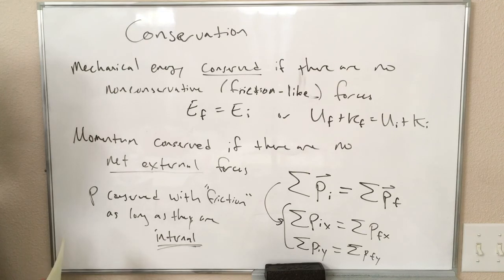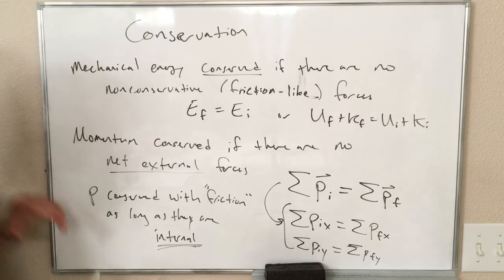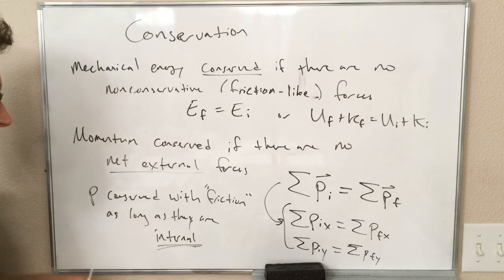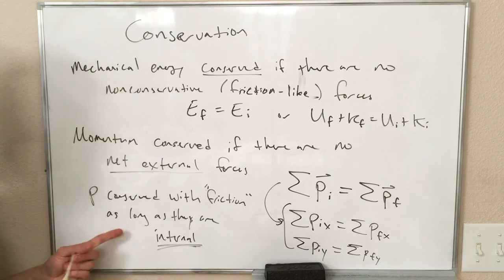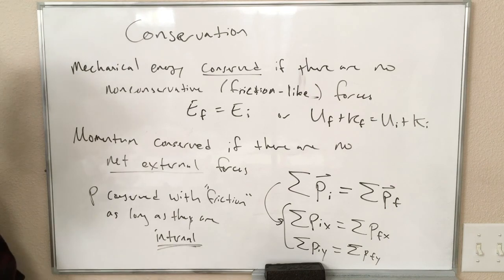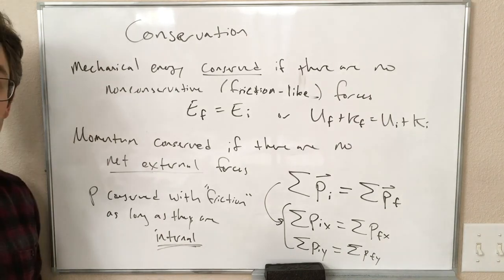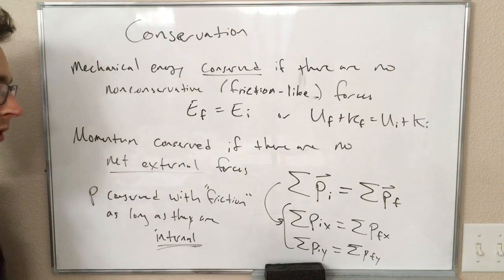So we can have situations where the amount of energy decreases. We lose mechanical energy from our system because of friction-like forces, but momentum is still conserved because these forces are between parts of our system. So, okay, all of this explanation is better served with an example. We're going to do an example next, and I'll show you exactly what this looks like.